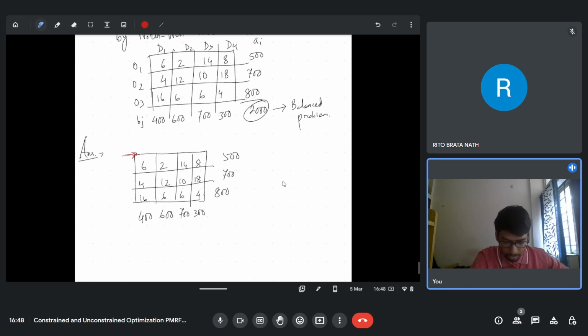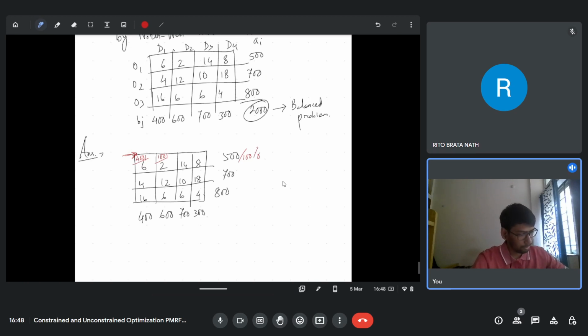You can allocate 400 here. Once you do it, in the first row you can again allocate 100. So this will be 100. Then this will become 0.